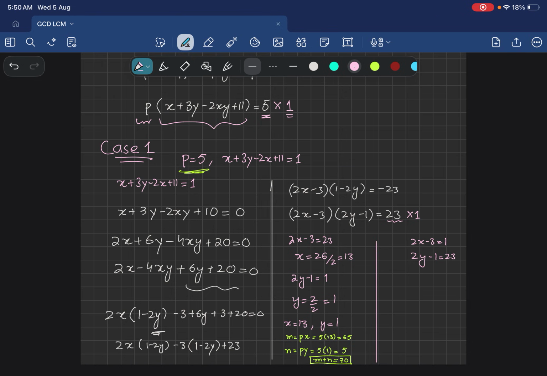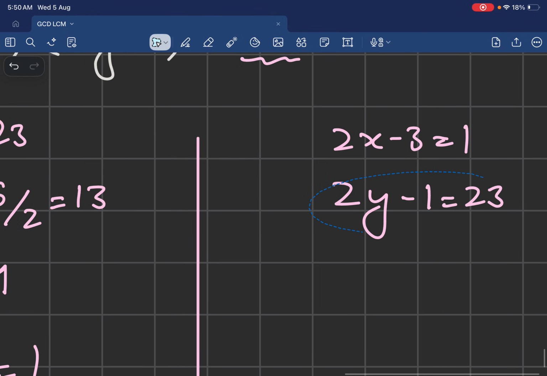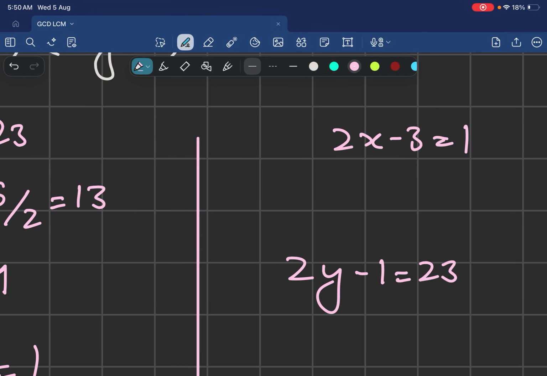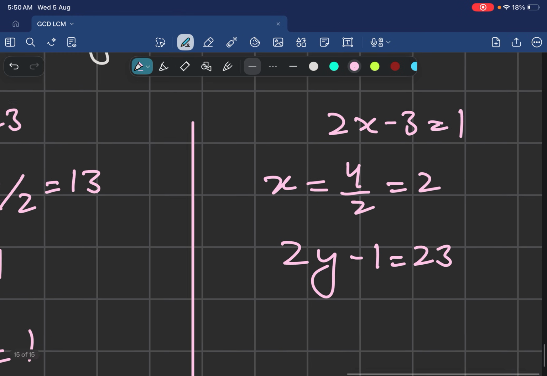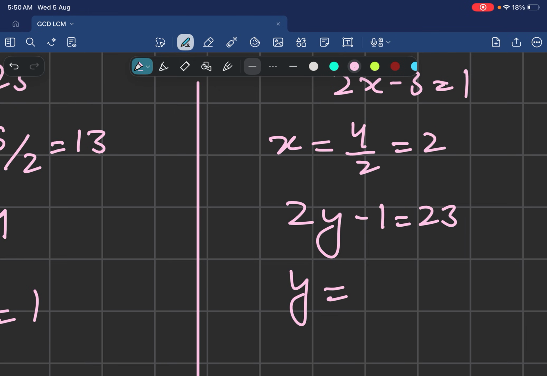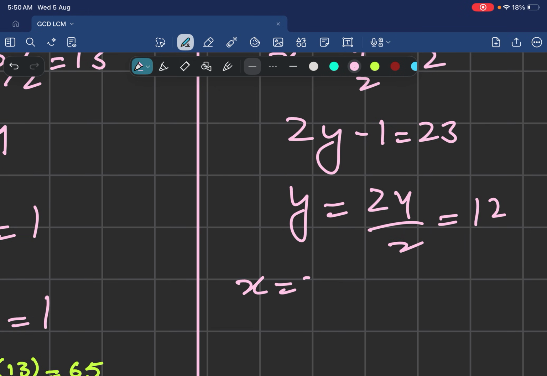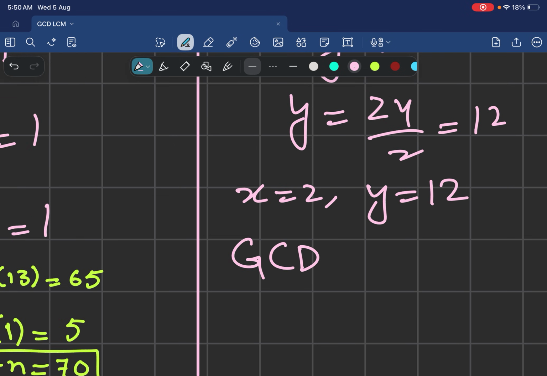Now let's look here, 2x minus 3. From here I'll get x as 4 over 2, which would be 2, and from here I'll get y as 24 over 2, which is 12. So x is equal to 2 and y is equal to 12. But I told you that GCD of x and y must equal 1.